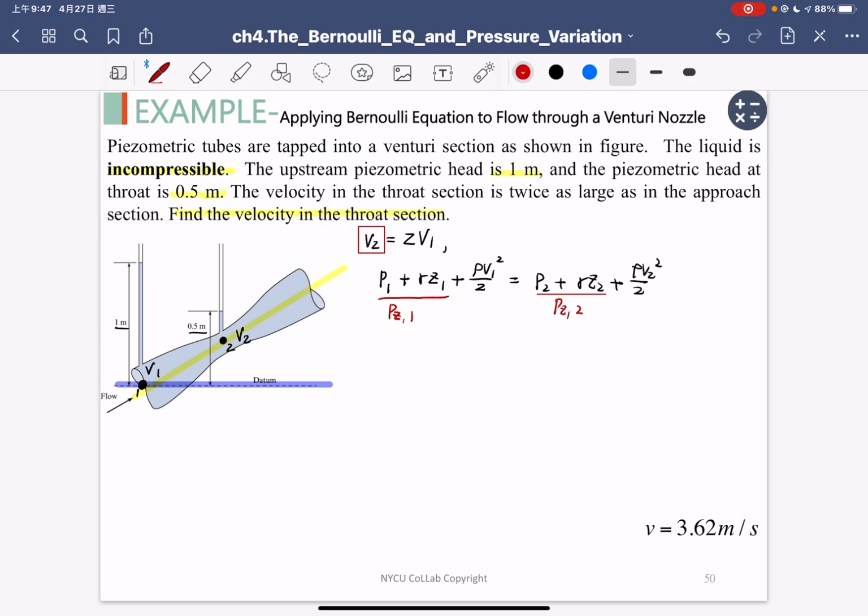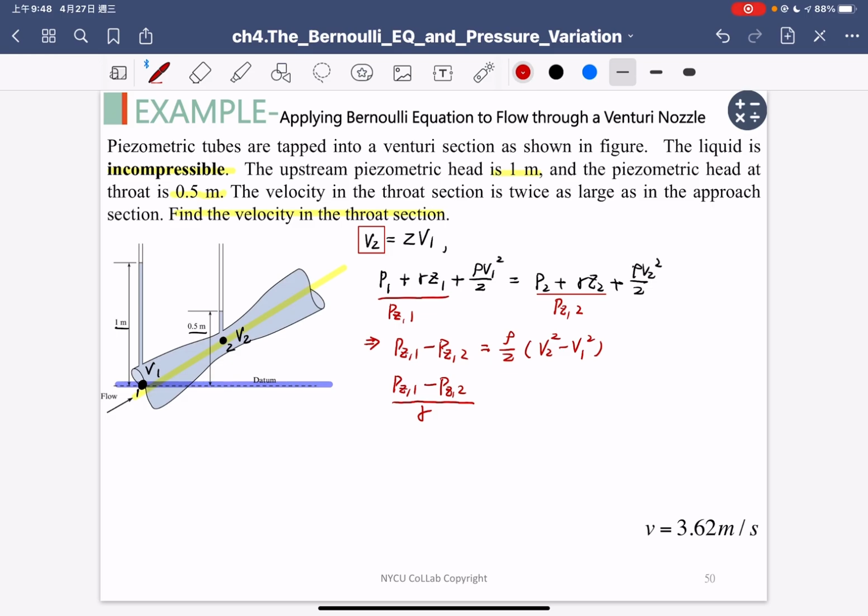Okay, and so we reorganize the equation. We know that piezometric pressure 1 minus piezometric pressure 2 is equal to 1/2 rho times V2 square minus V1 square. Okay, and if we divide both sides by gamma, here is piezometric pressure 1 minus piezometric pressure 2, divided by gamma.